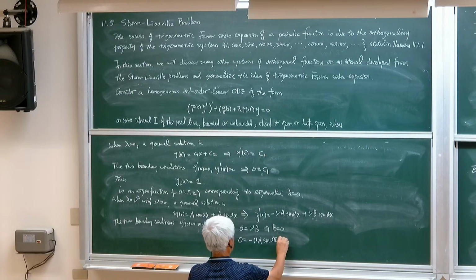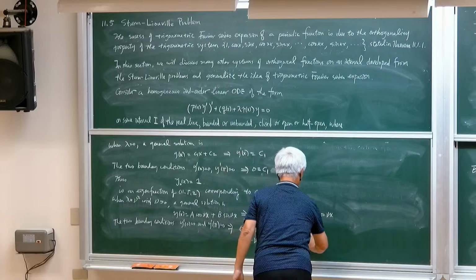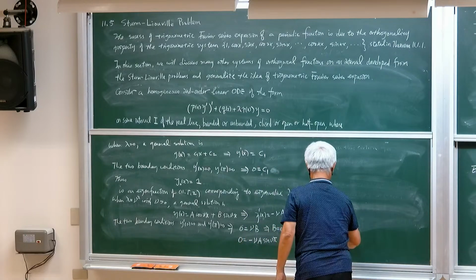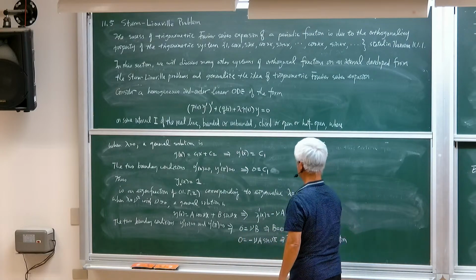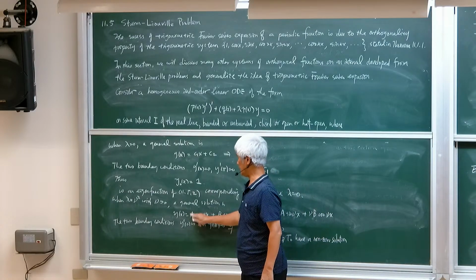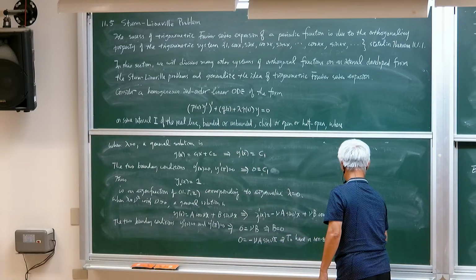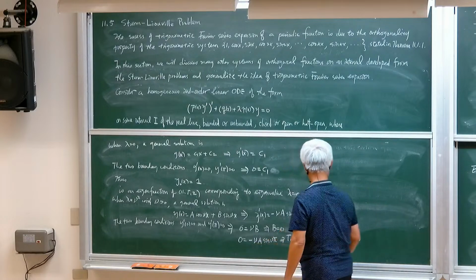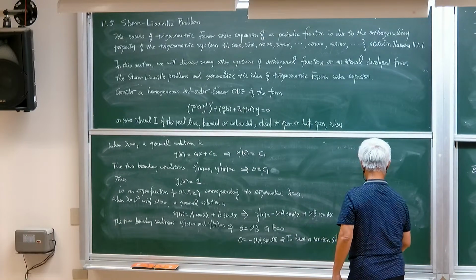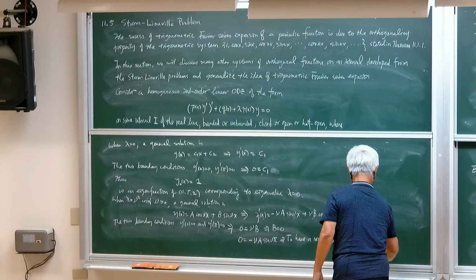Right, and to have a non-zero solution, because b is already 0, we must have a not equal to 0. So when a is not equal to 0, this implies that sine nu pi is 0. So this implies that nu should be positive integers.